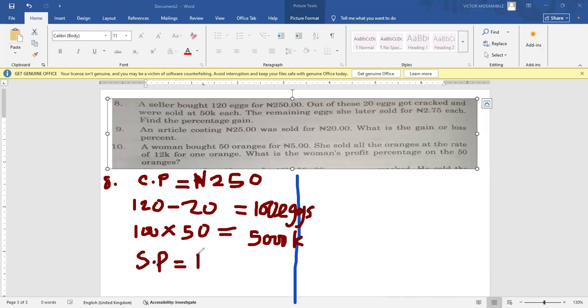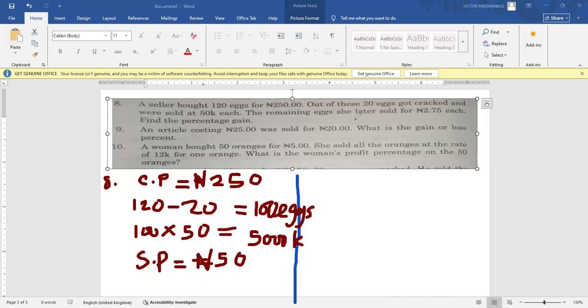That's a huge loss because you have stepped down from 120 to 100 and you're selling at 50 kobo each for 100 eggs. So that's 5,000, which is 50 naira. Don't forget she bought it at 250 naira.